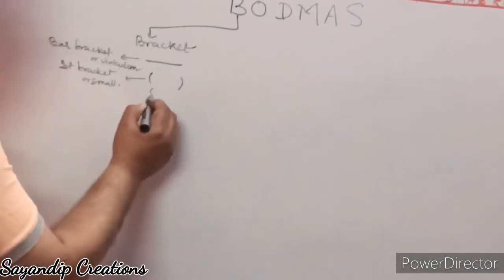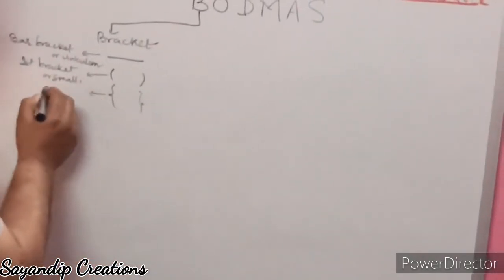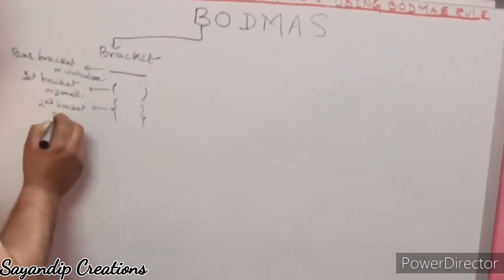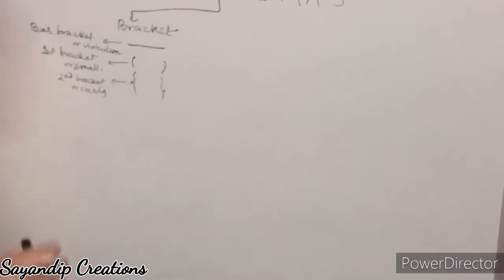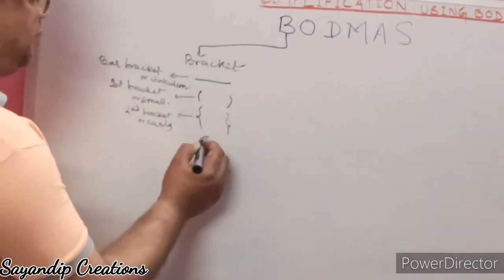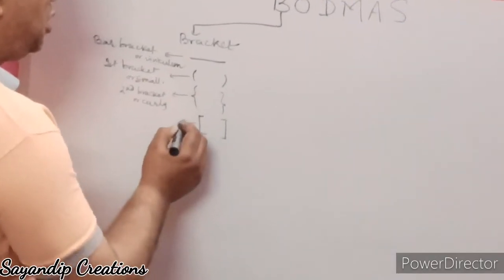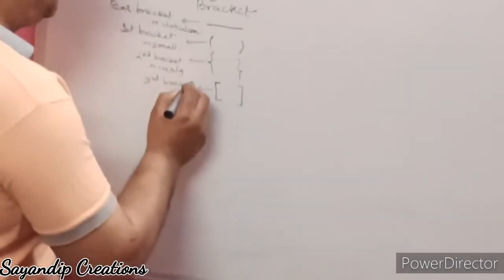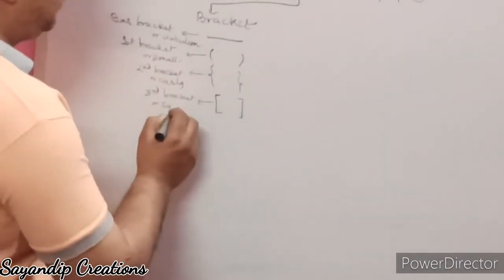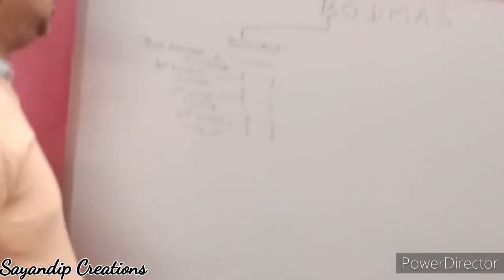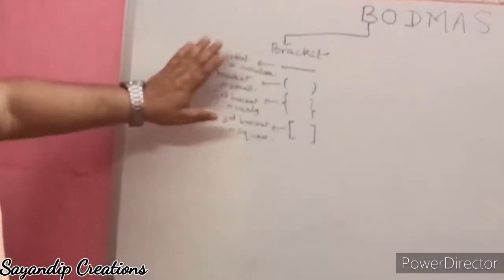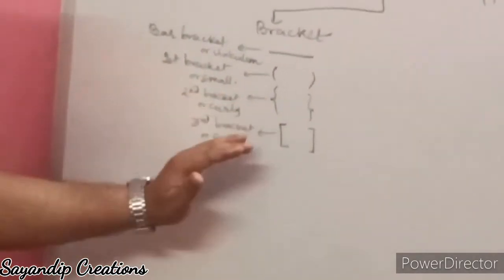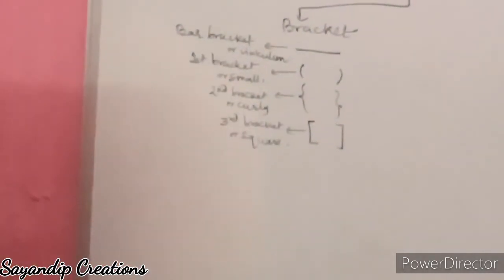Next is this bracket, which you term as the second bracket or curly bracket. And the third one is the third bracket or square bracket. So brackets are of 4 types: bar bracket or vinculum, first bracket or small bracket, second bracket or curly bracket, third bracket or square bracket.